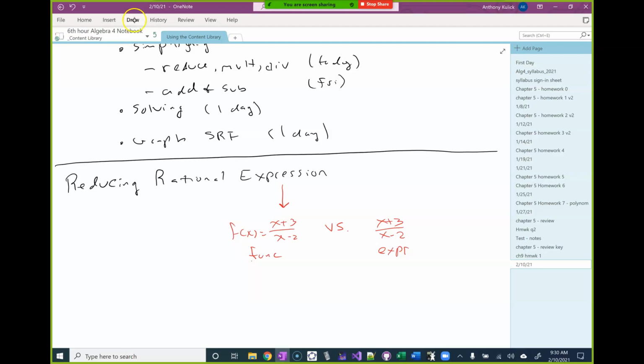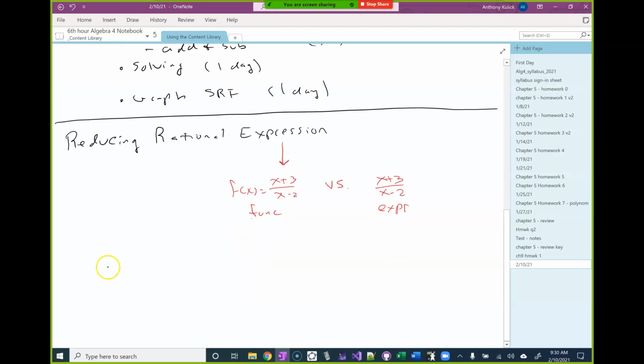So again, I didn't want to confuse anybody with that piece of vocabulary, that switch to calling something an expression versus a function. So I just felt like take a minute and clarify that. Anyways, that's kind of an aside. The idea here for reducing a rational expression, it's going to be just like reducing fractions.